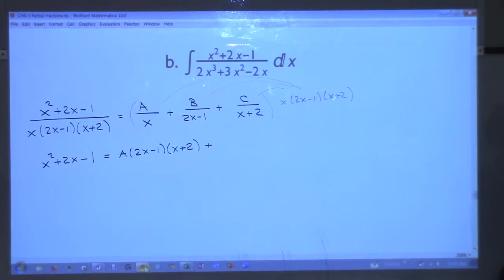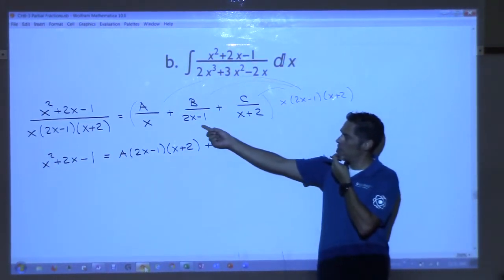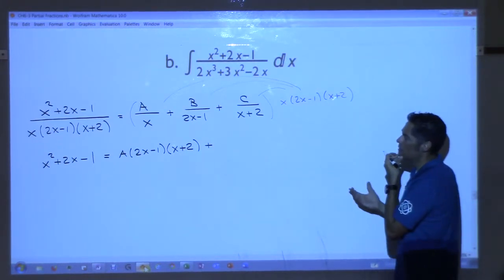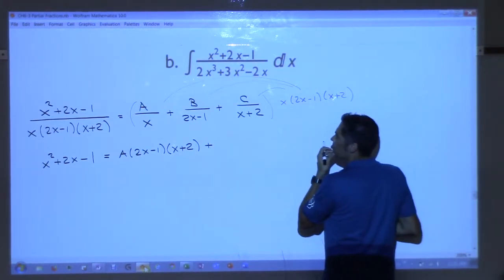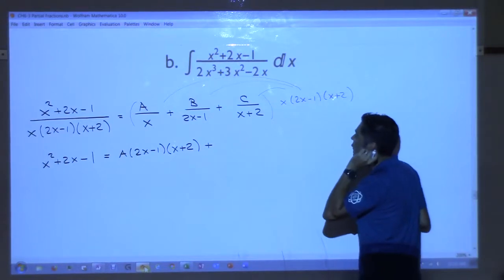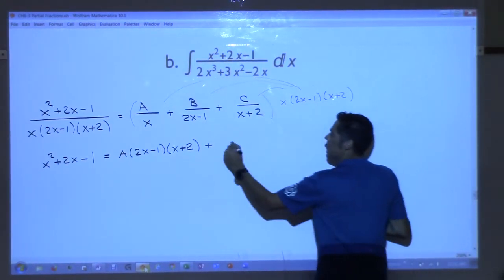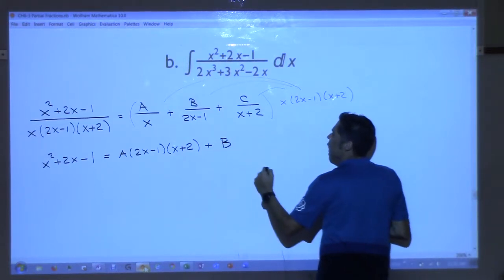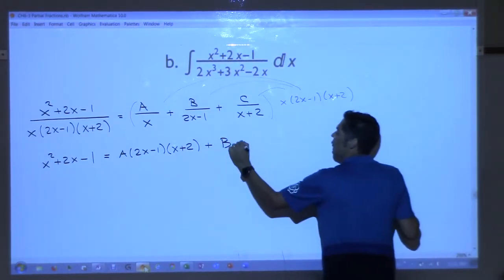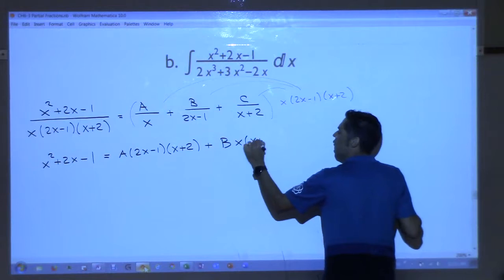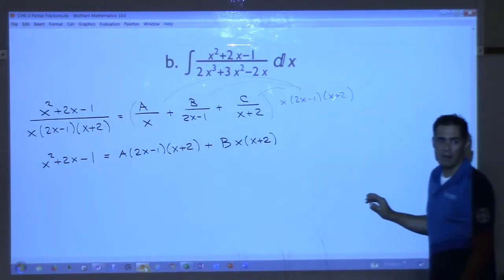You're canceling the stuff on the bottom, right? What cancels when I multiply this times it? 2x minus 1. Okay, so what's still there? B is still there? So it's b times x times x plus 2, right?